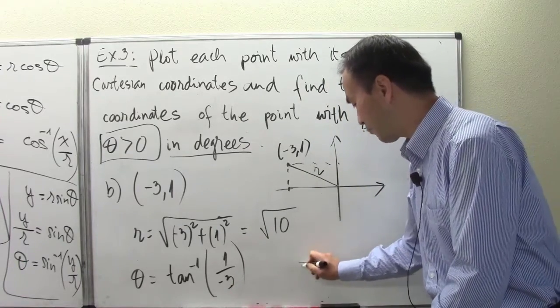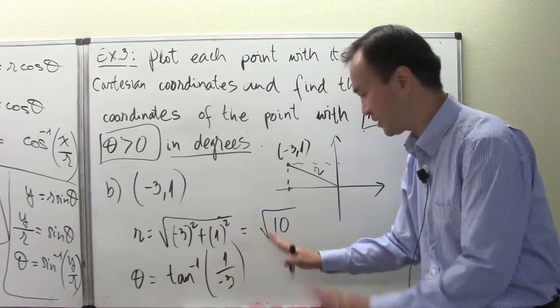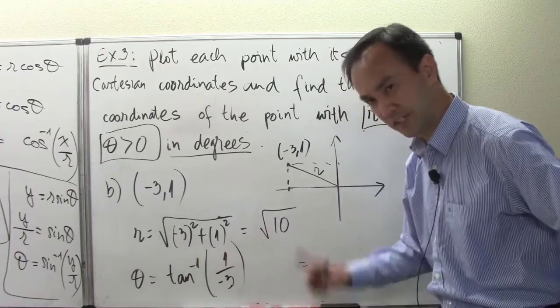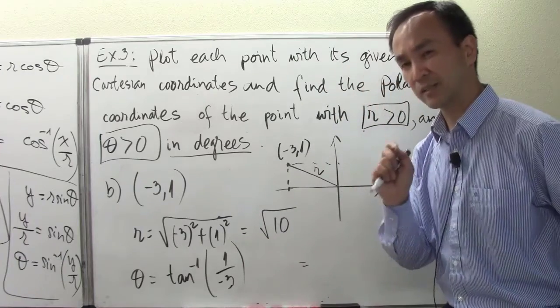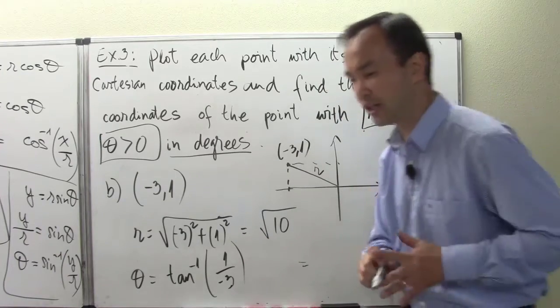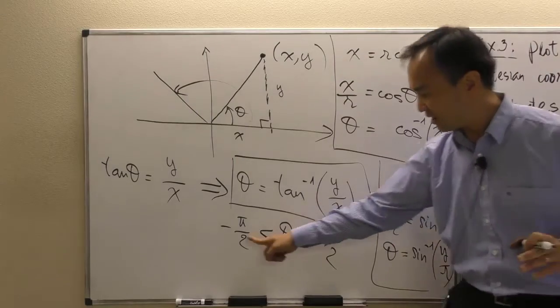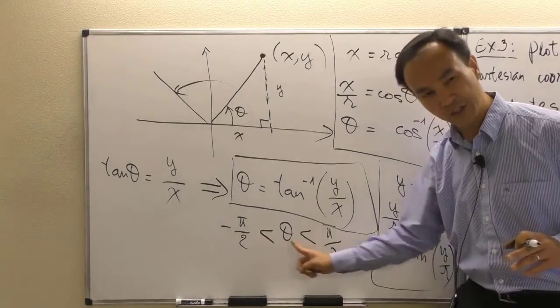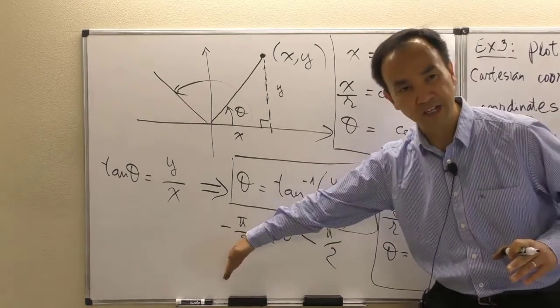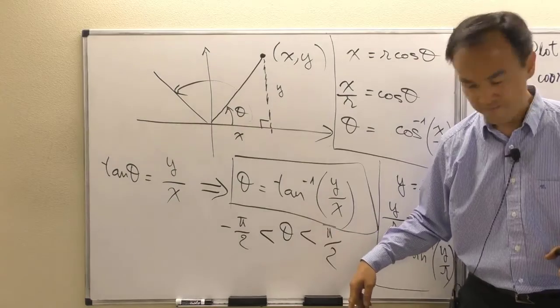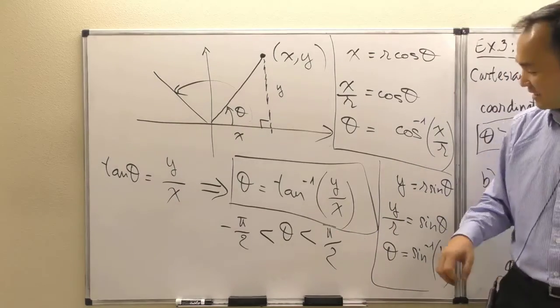So here's the thing, if we simply run tangent inverse on -1/3 right here, this is what's going to happen. Remember, I explained earlier, tangent inverse is only going to give you an angle theta output anywhere between -π/2 and π/2, which is anywhere between -90 degrees to 90 degrees. So it can give you a negative angle.